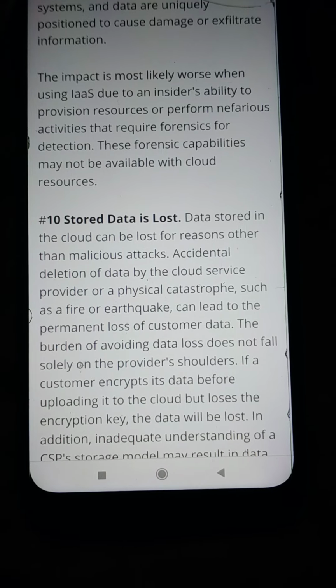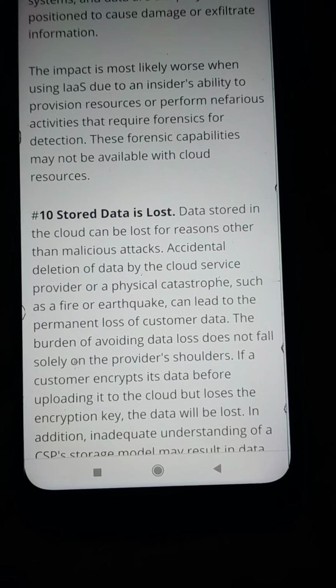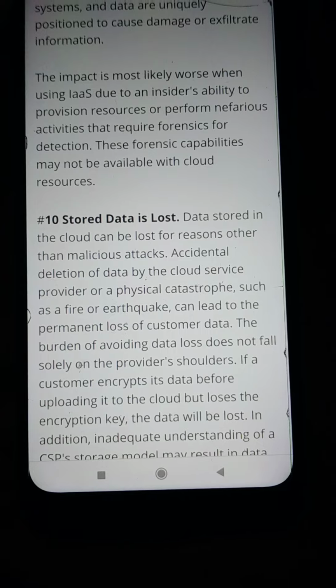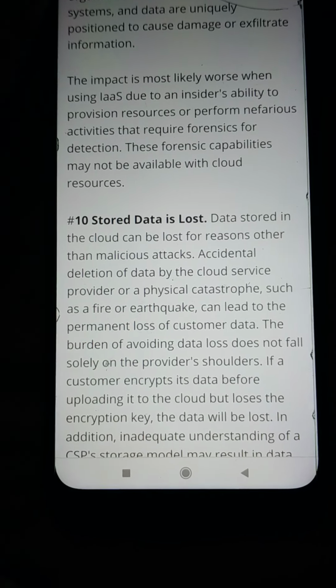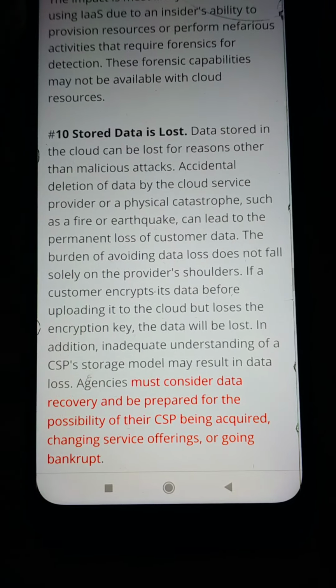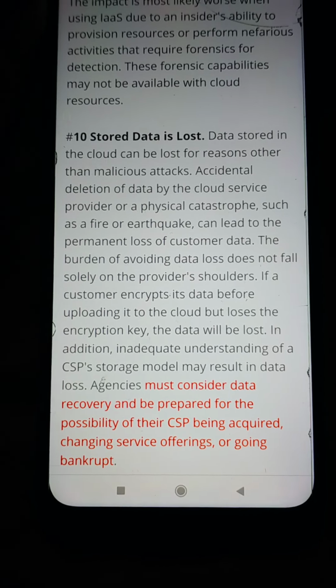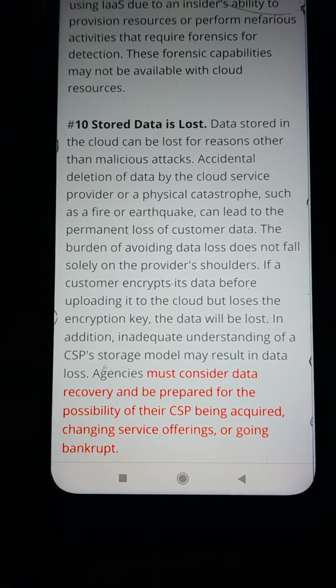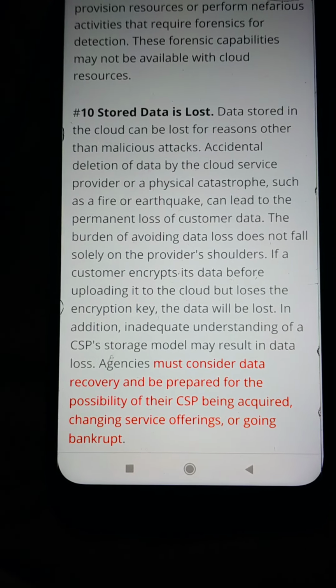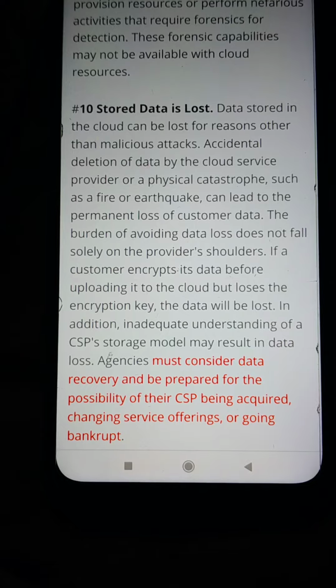The burden of avoiding data loss does not fall solely on the provider's shoulders. If a customer encrypts its data before uploading it to the cloud but loses the encryption key, the data will be lost. In addition, inadequate understanding of the CSP's storage model may result in data loss.